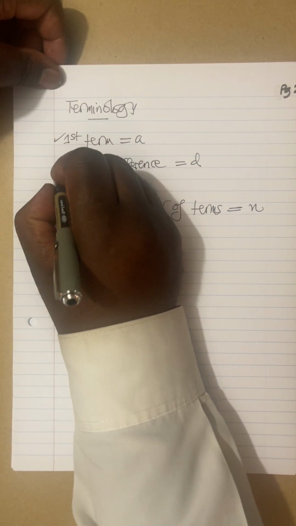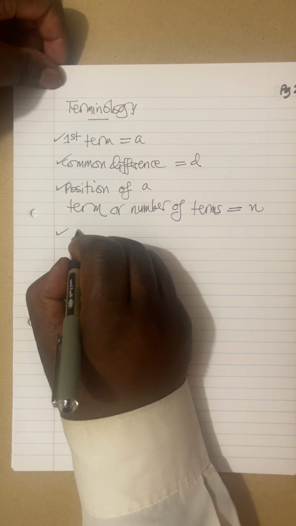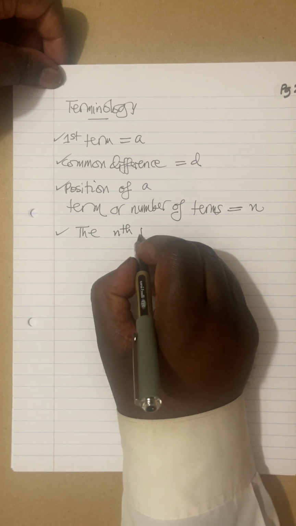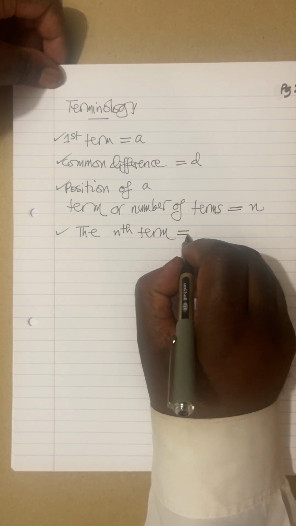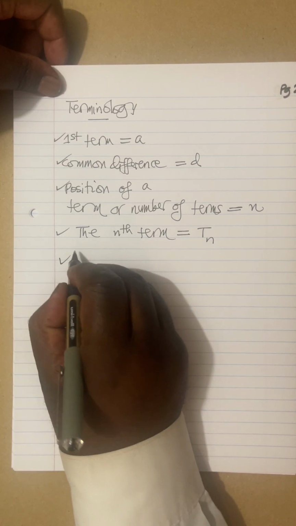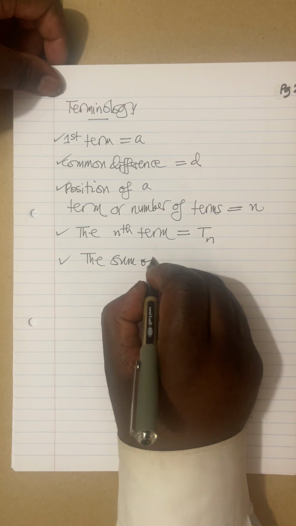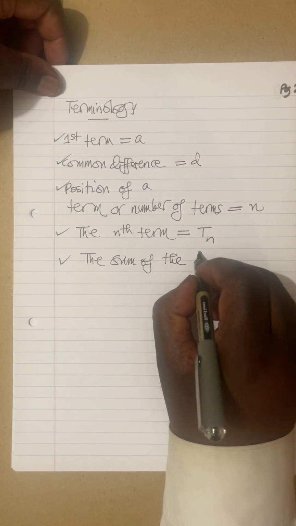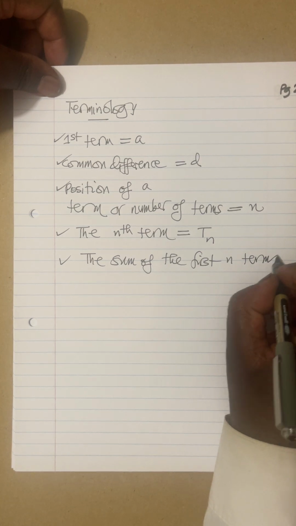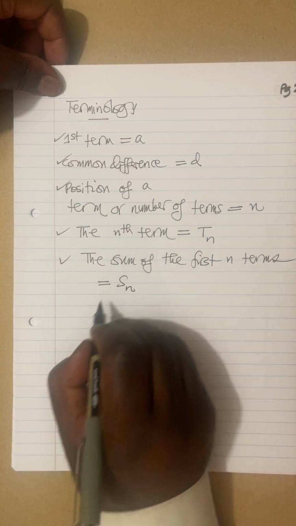That's 1, 2, 3. Let's go to number 4. The nth term is represented by T subscript n. The sum of the first n terms is represented by S subscript n.